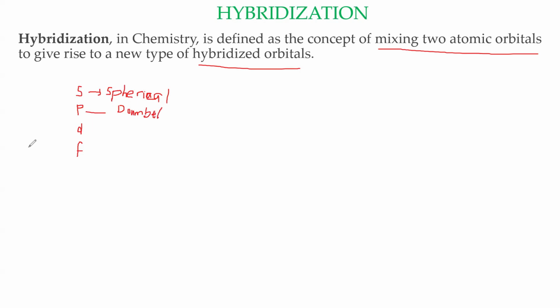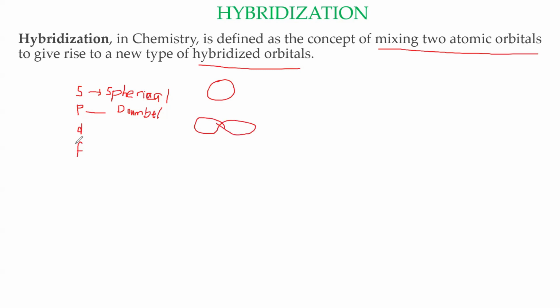And then we have d, which is double dumbbell. And for the f orbitals, it is very complex. So s orbitals are always spherical like this, and then we have dumbbell, which is something like this.